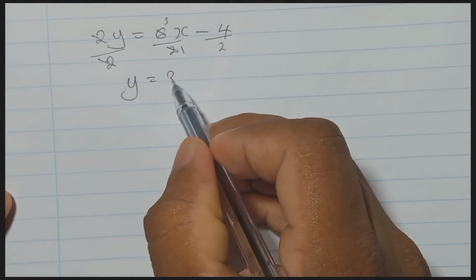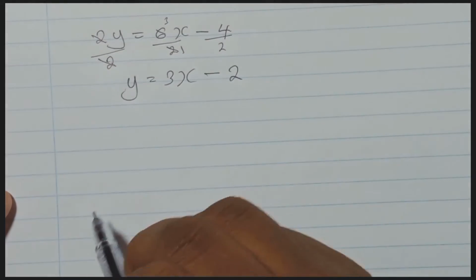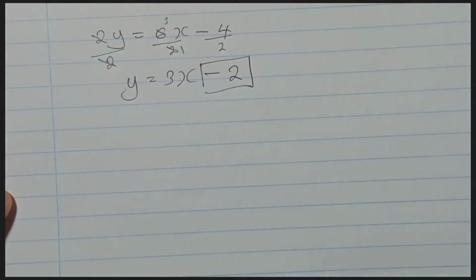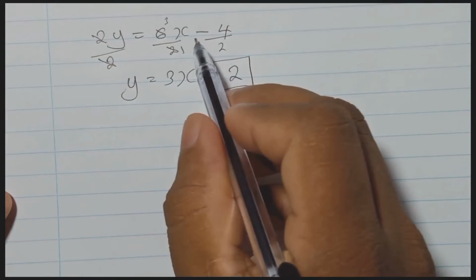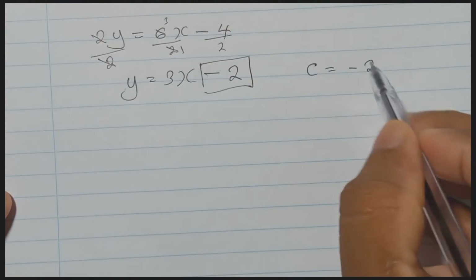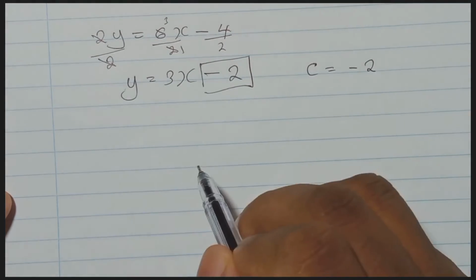So it will be 3x. Here 4 divided by 2 means 2. Now you can call minus 2 the intercept of this equation, right? C equals minus 2. Very important, write it with the sign, minus, or negative 2, like that.